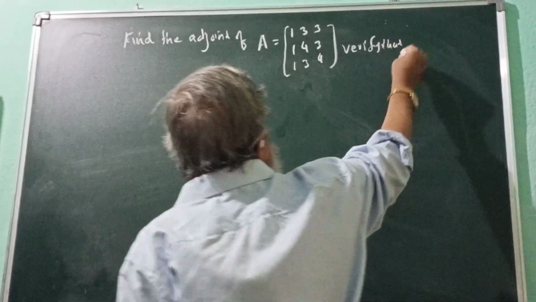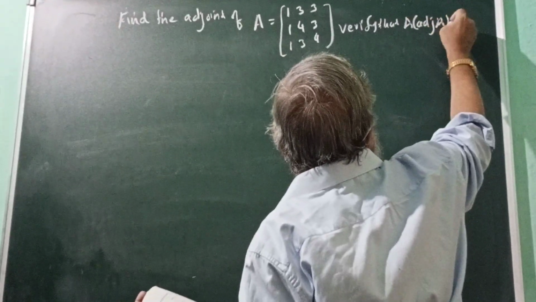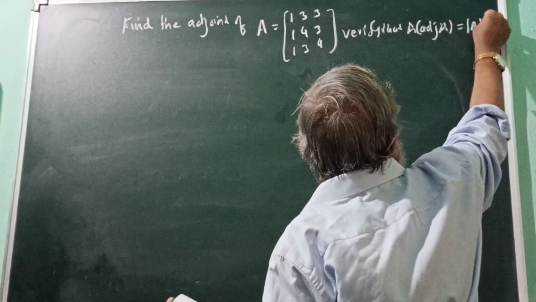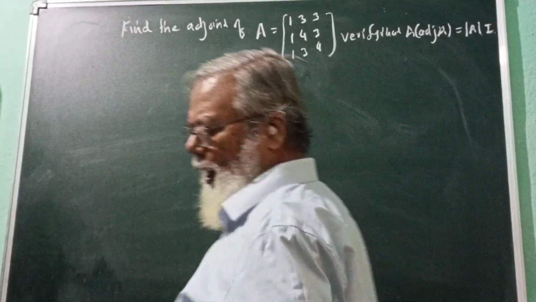Verify that A into adjoint of A is equal to determinant of A into I, which is also equal to adjoint of A into A.